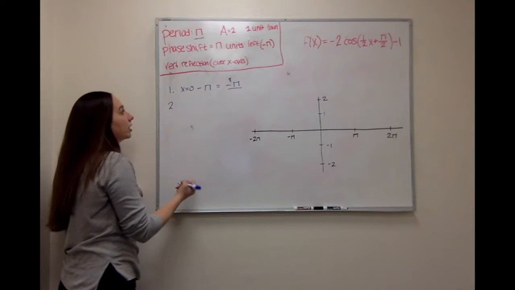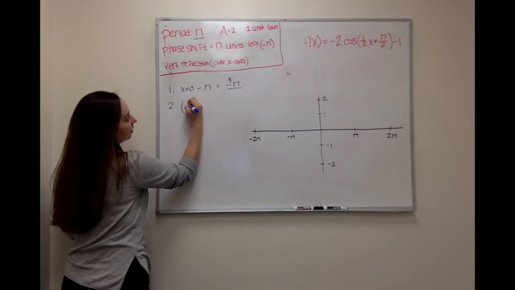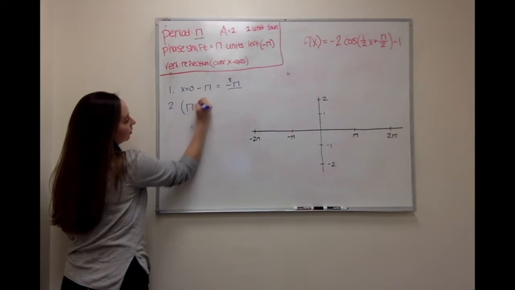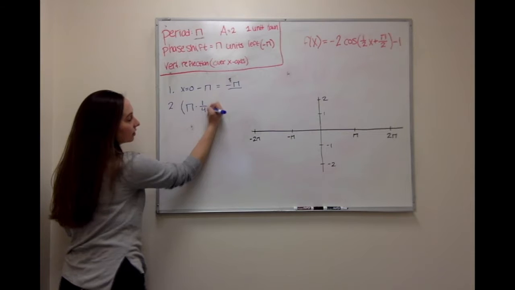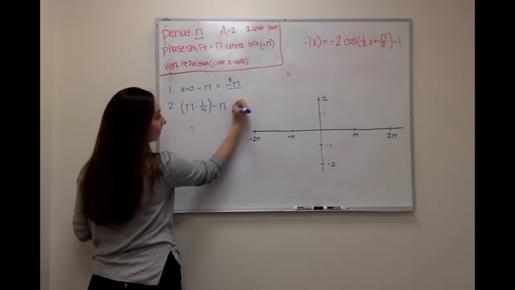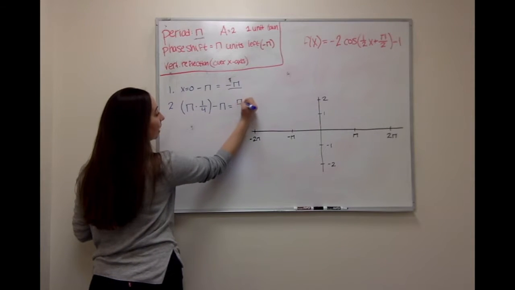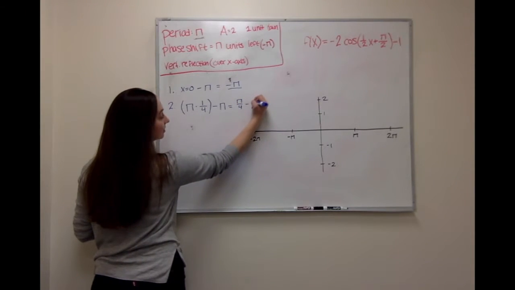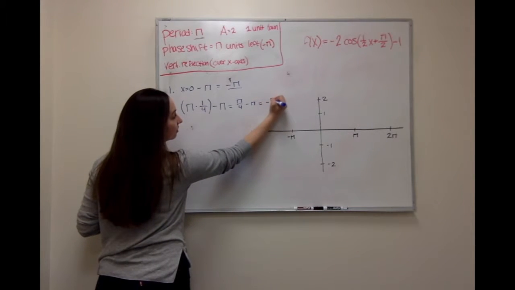Our second point, we're going to take pi, which is our new period, times 1/4, and then subtract pi for our phase shift, which will leave us pi over 4 minus pi, which is equivalent to negative 3 pi over 4.